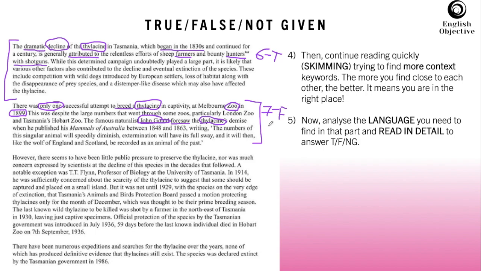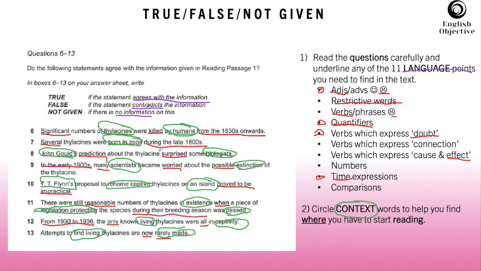Remember that not given could be I don't have any information at all, or I have some information but it's incomplete. Like in this case, I have some information but not the rest of the language points that I need and the context keywords that I need.